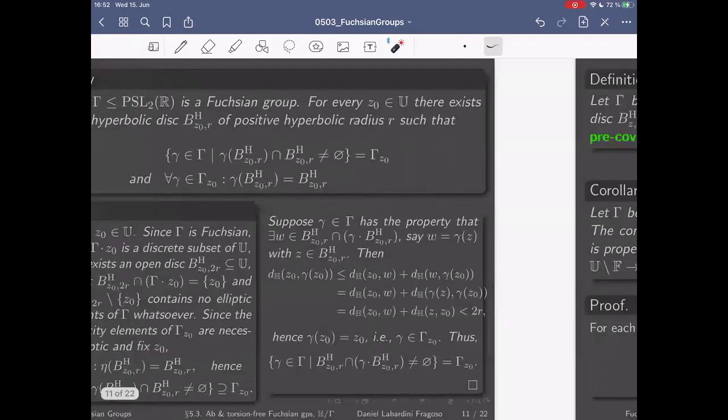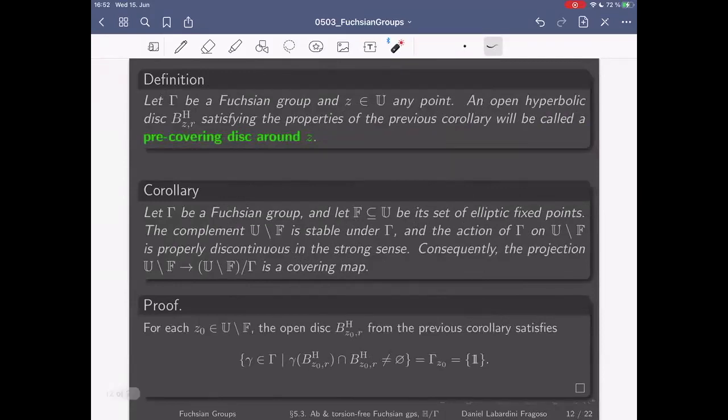Good. Okay. So now we look at the Fuchsian group and again some point in the upper half plane, and we can call this type of disk a pre-covering disk.